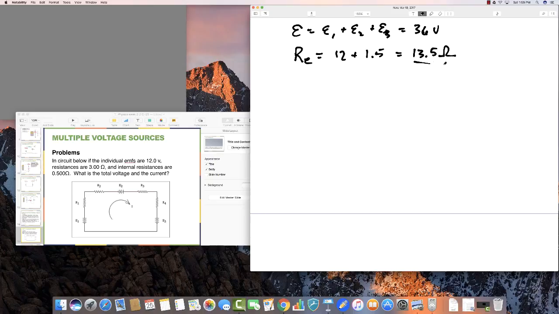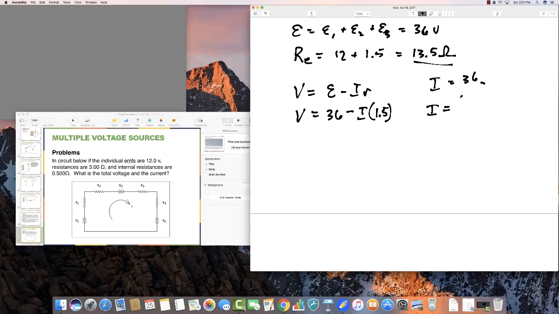So that means that your V, which is equal to E minus Ir, well, you need to know I here. So we know that V is going to equal 36 minus I times 1.5. We also know that I is going to equal whatever V is divided by 13.5.